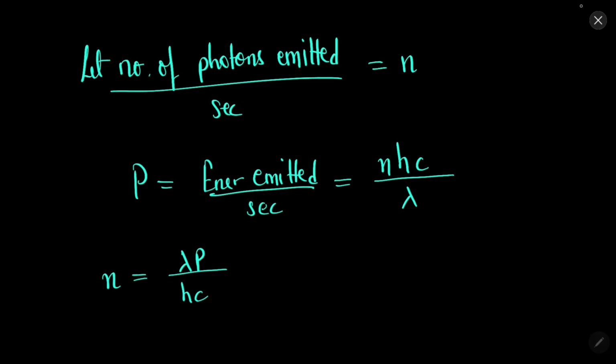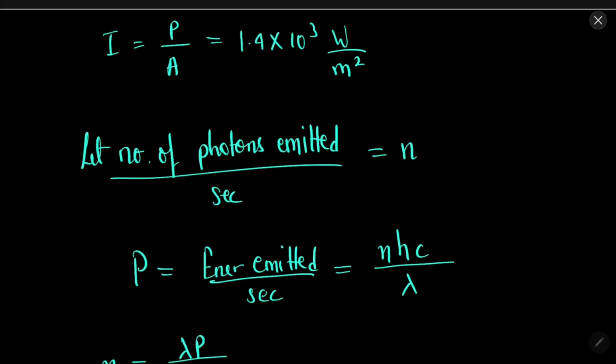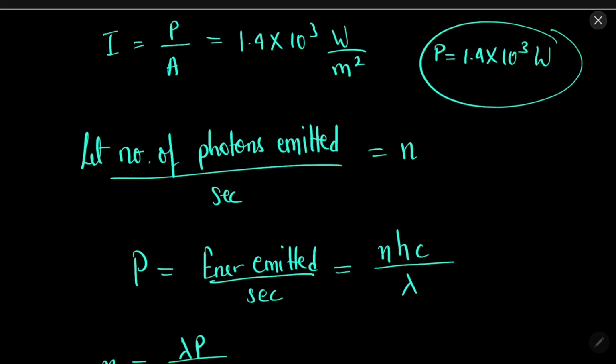Power per unit area is this much, so power will be 1.4 × 10^3 watt for unit area, for 1 meter square.